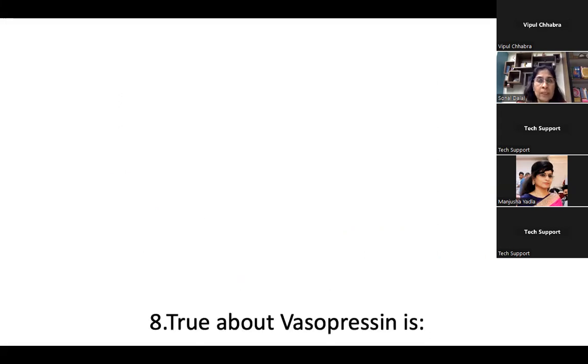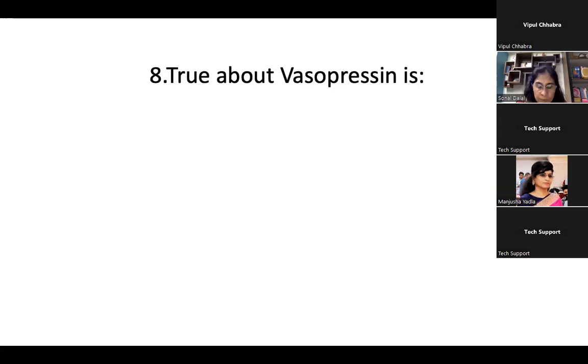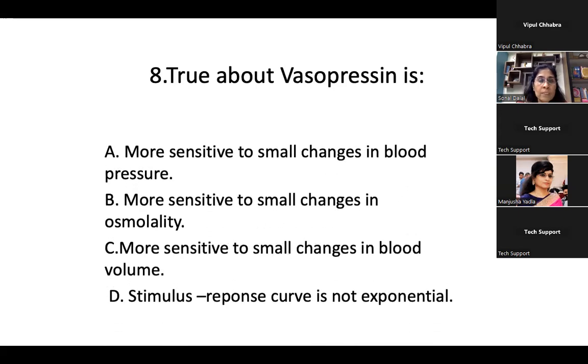Now, question number 8. True about vasopressin is option A, more sensitive to small changes in blood pressure. Option B, more sensitive to small changes in osmolality. Option C, more sensitive to small changes in blood volume. And option D, stimulus response curve is not exponential.